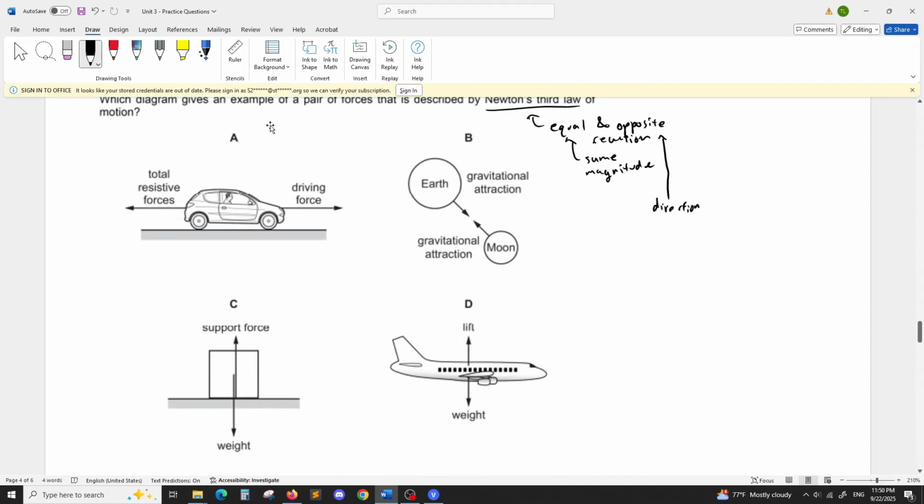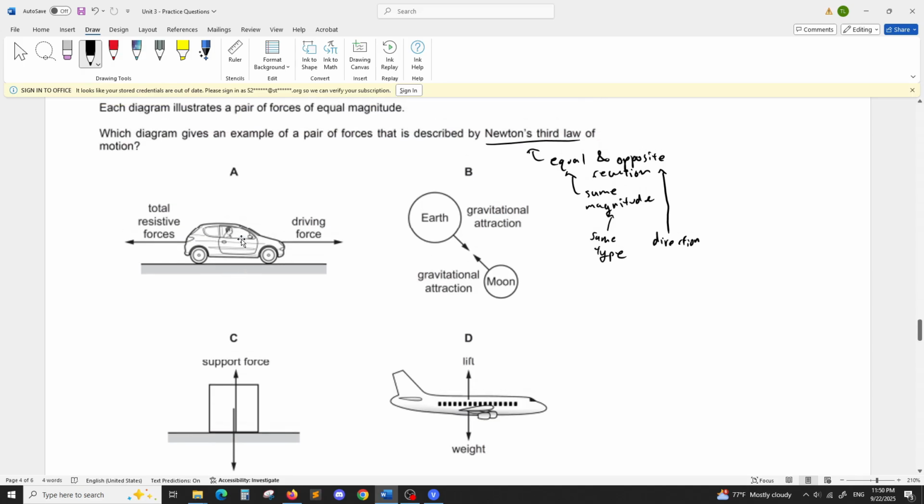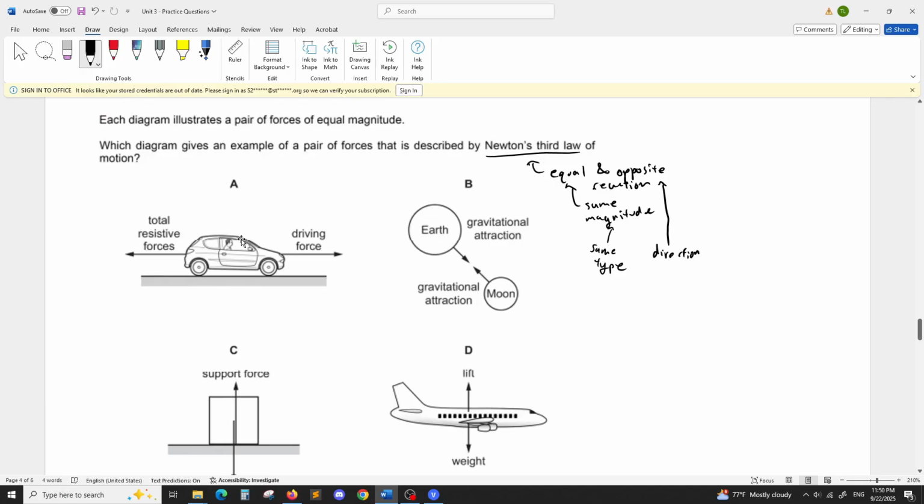So we can look at it so far. It seems like all answer choices have opposite directions. I should also mention that equal also means same type of force. So we look at A, we have driving force and total resistive forces.